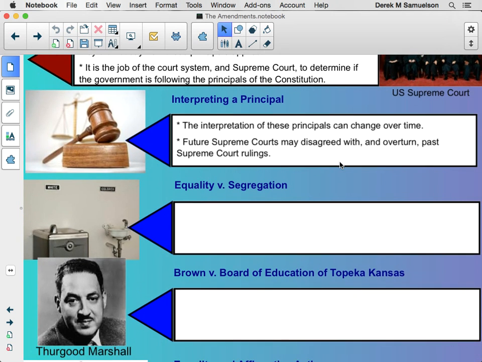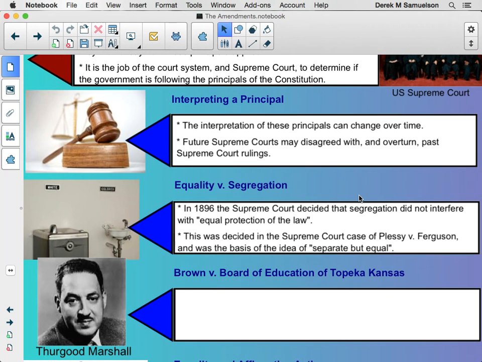We're going to look at the most famous example of this. In the issue of equality versus segregation in the United States, the Supreme Court has disagreed with itself. In 1896, the Supreme Court of the United States decided that segregation, that is, separation of people based upon their race, did not interfere with the 14th Amendment's clause for equal protection of the law, that all people would be protected equally.